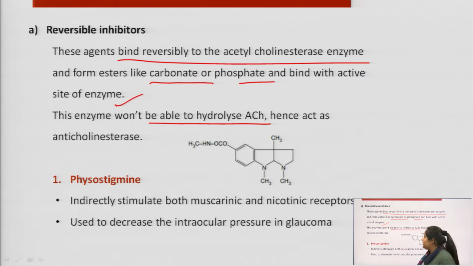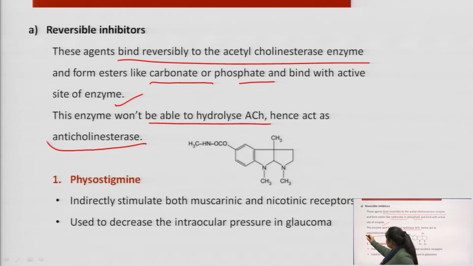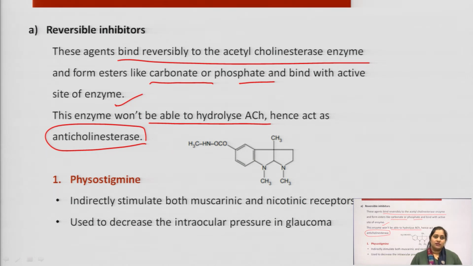anticholinesterase. Sometimes students get confused between anticholinergic and anticholinesterase. Anticholinesterase drugs are cholinergic in nature, fine.